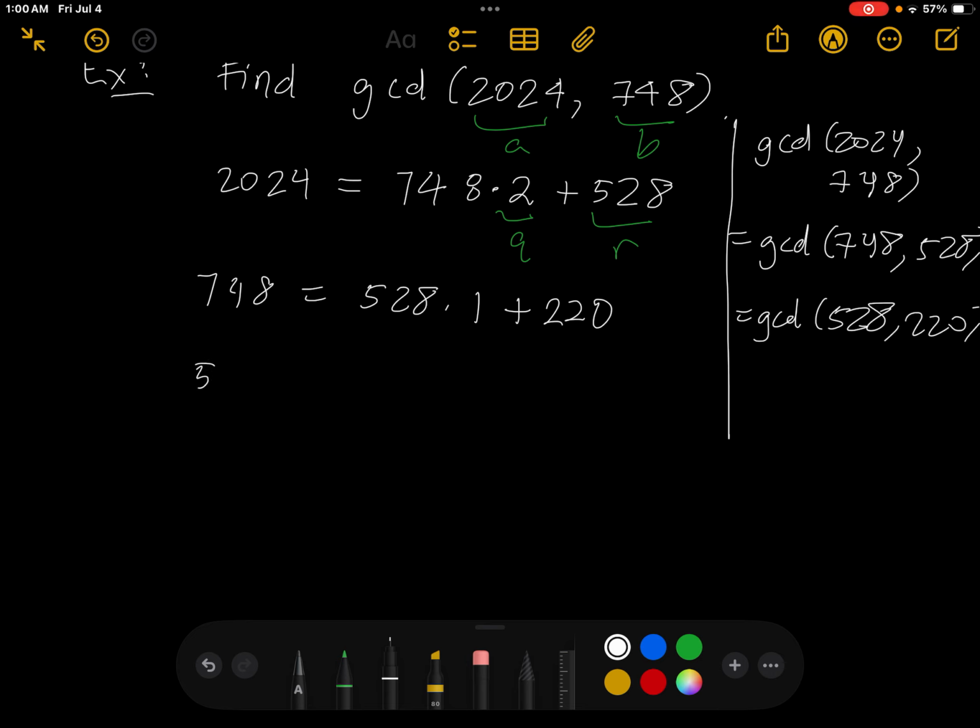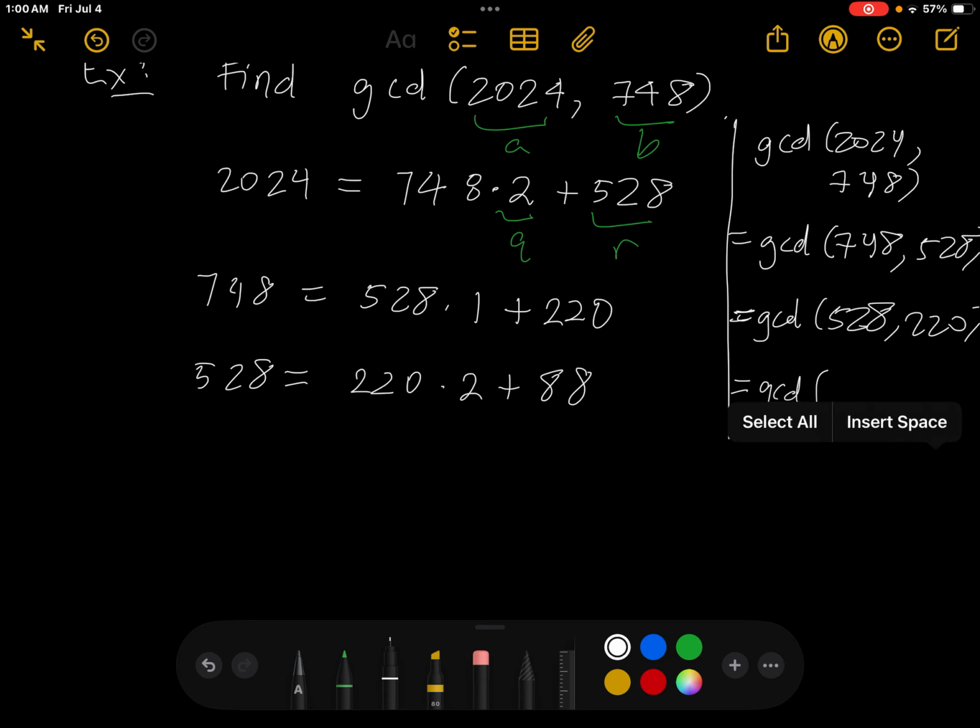Now we write 528 is 220 times 2 plus 88. So this GCD we're looking for is equal to the GCD of 220 and 88.